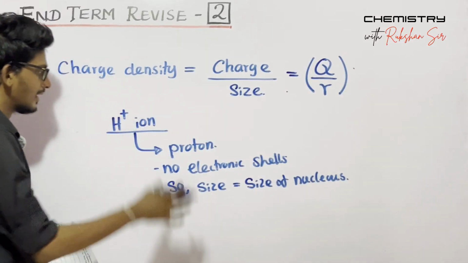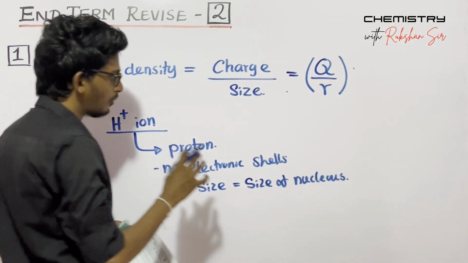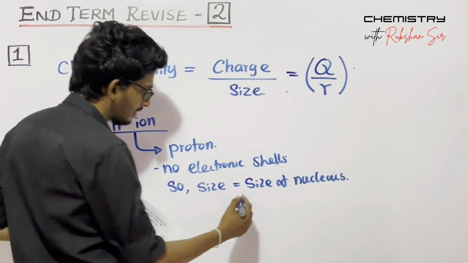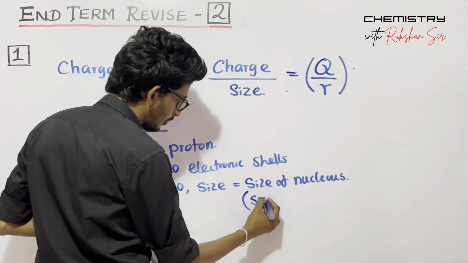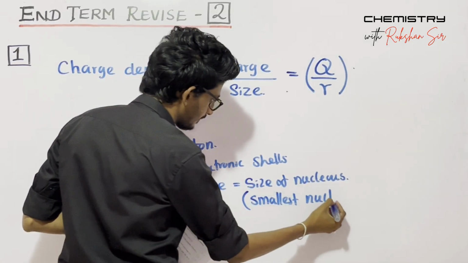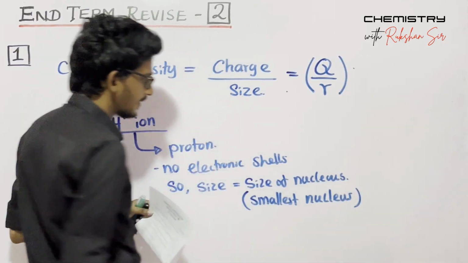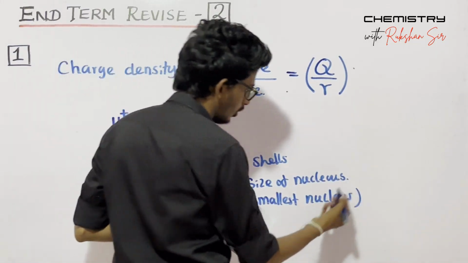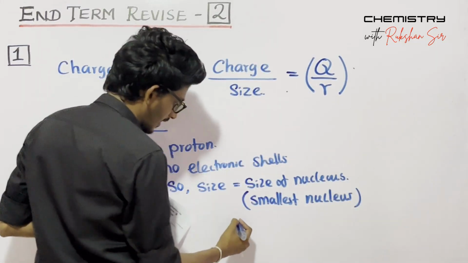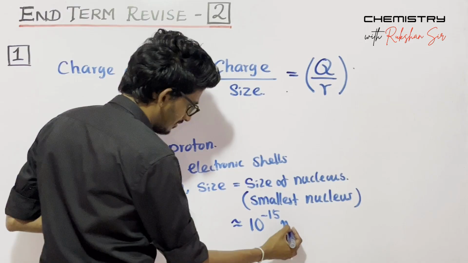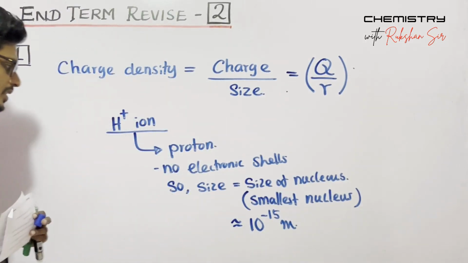And H plus, the hydrogen, is with the smallest nucleus. So size is equal to the smallest nucleus, which is normally in the 10 to the power minus 15 meters range.